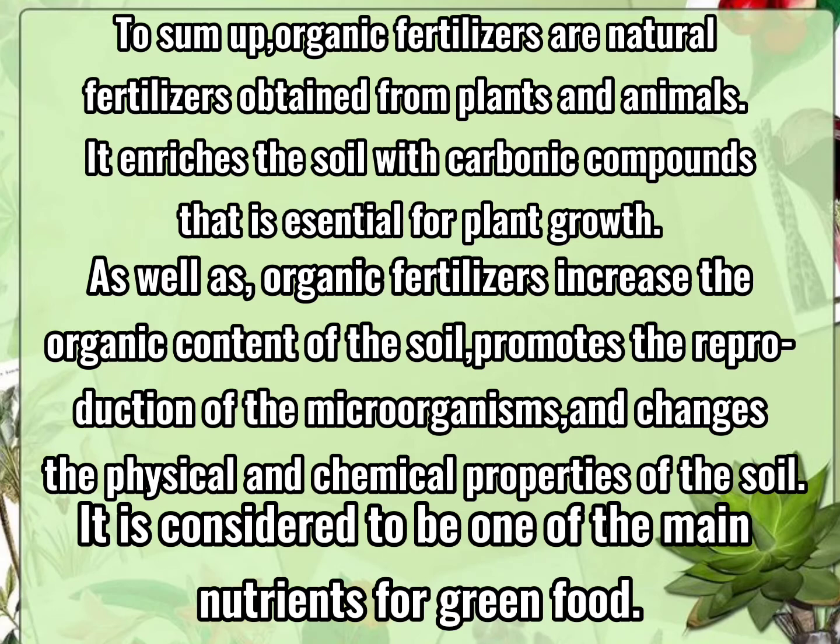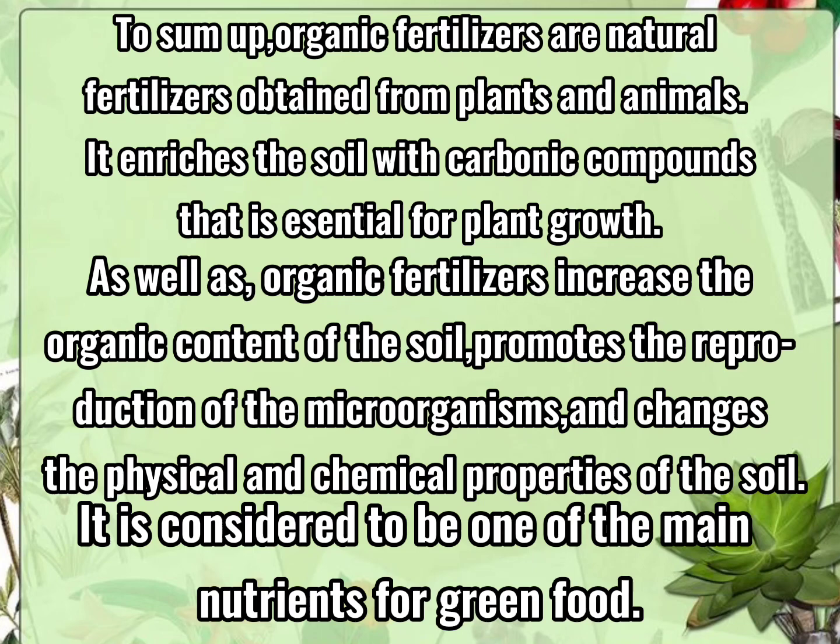To sum up, organic fertilizers are natural fertilizers obtained from plants and animals. They enrich the soil with carbonic compounds that are essential for plant growth, increase the organic content of the soil, promote the reproduction of microorganisms, and change the physical and chemical properties of the soil.